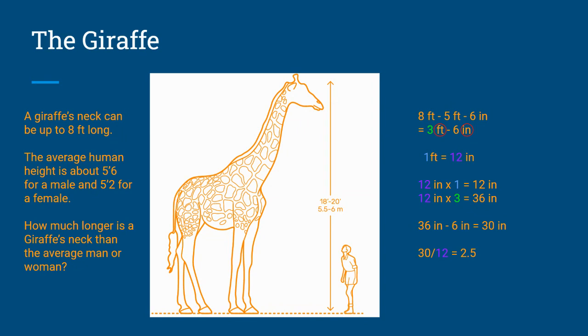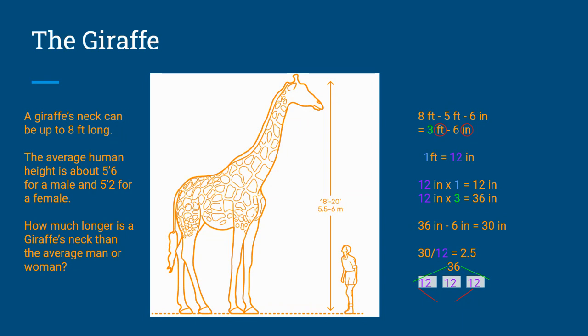Okay. But if we want to be very, very particular in how we render it back, let's see if we understand where that 0.5 comes from. So if you look at this tape diagram here, we want to divide 30 by 12, but guess what? 30 isn't a multiple of 12. 36 is.